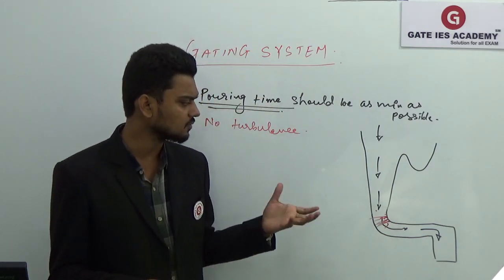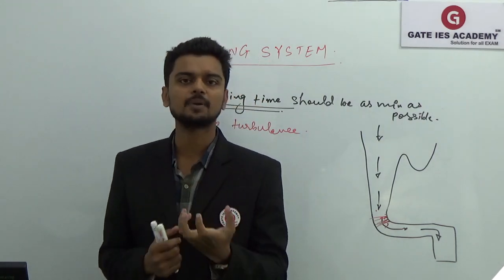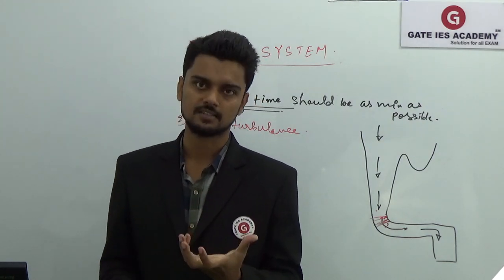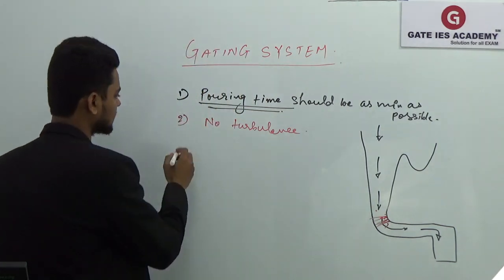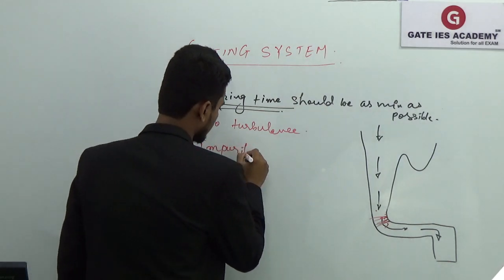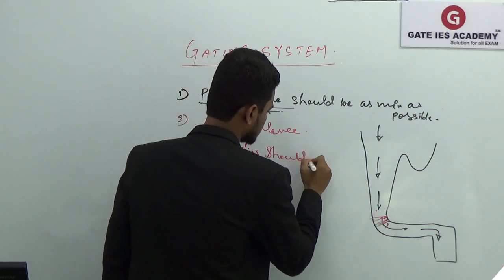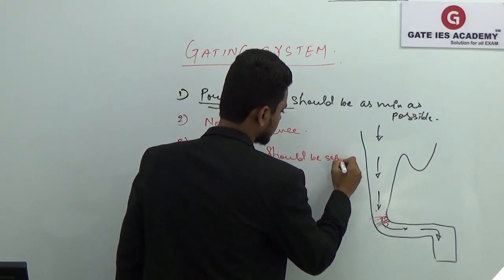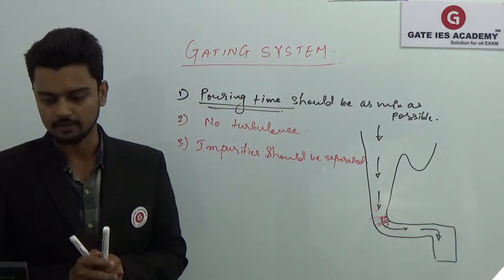There are a number of things in the gating system that generally separate the impurities. So the third thing is impurities should be separated from your molten metal.